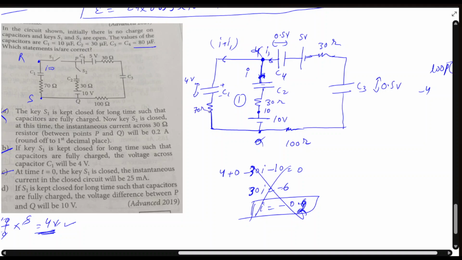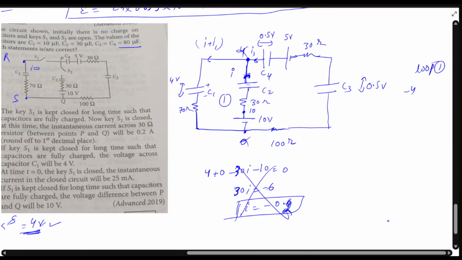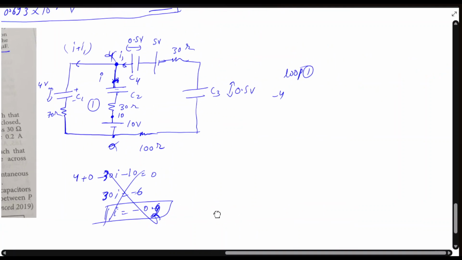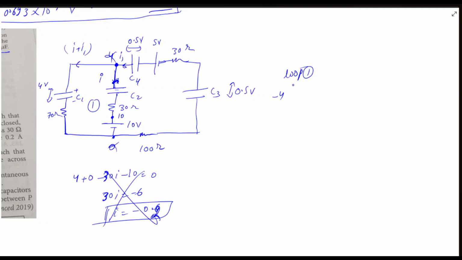So we'll use minus (I plus I1) into 70, and this will be plus 10. The current is like this, it will be minus 30I equals 0. So we'll get minus 70 I1, and minus 70 minus 30 is minus 100I, and this will be plus 6 equals 0, right?